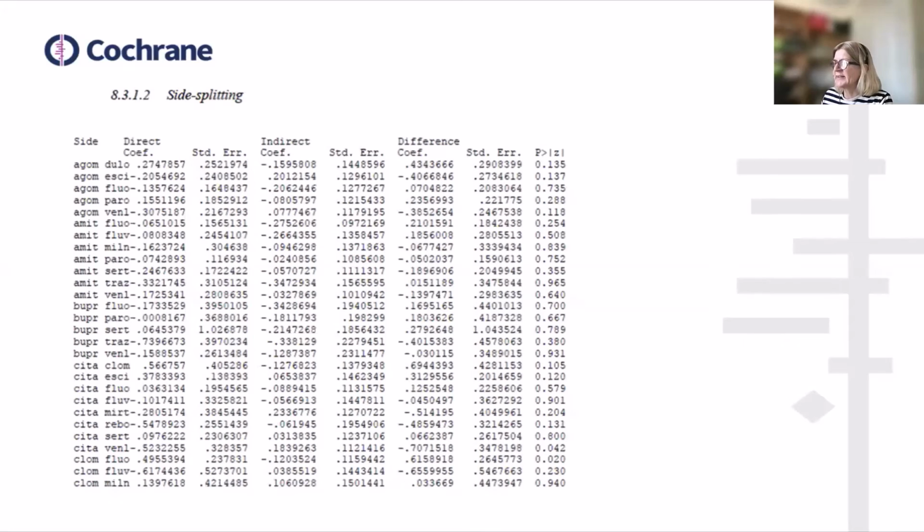As you can see, there is significant inconsistency between direct and indirect evidence for the comparison of citalopram versus venlafaxine. The p-value is 0.042. We will cover assessing the certainty of evidence in Module 3 of the course, but just to note that the authors downgraded the certainty of the evidence for this particular comparison and outcome because of this inconsistency.